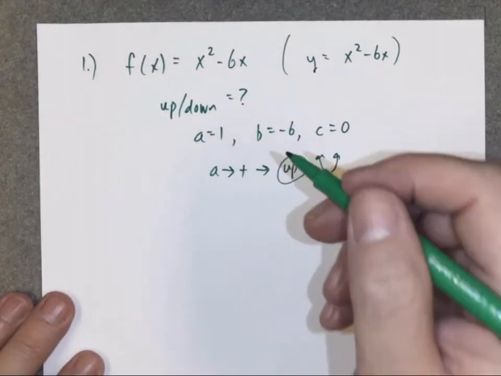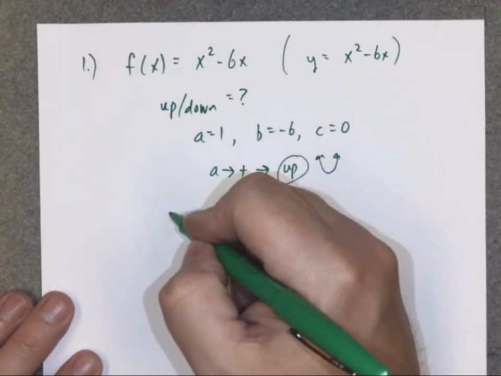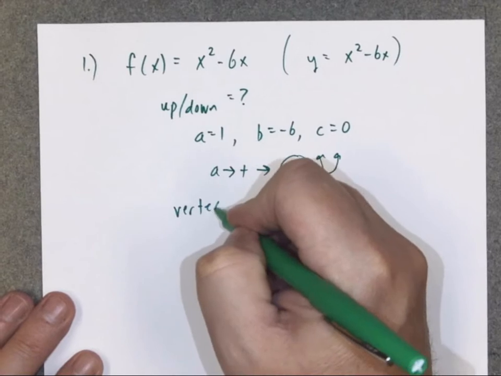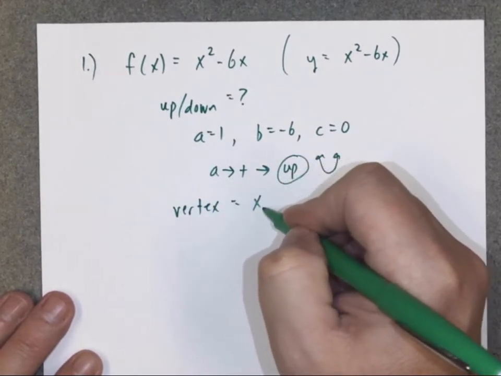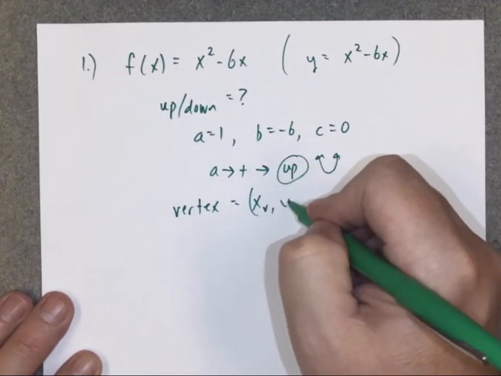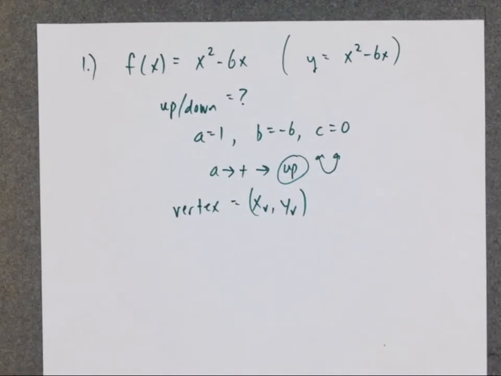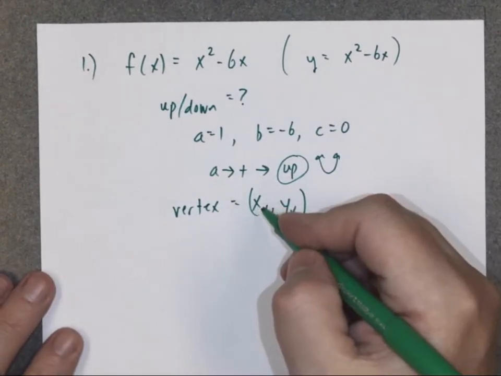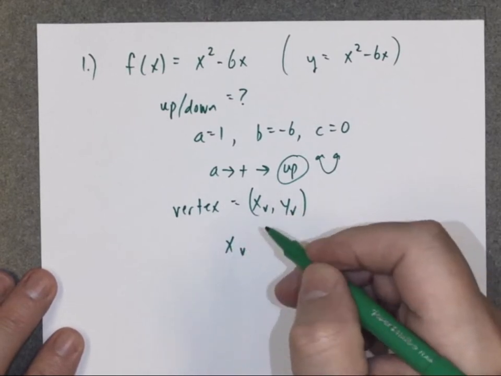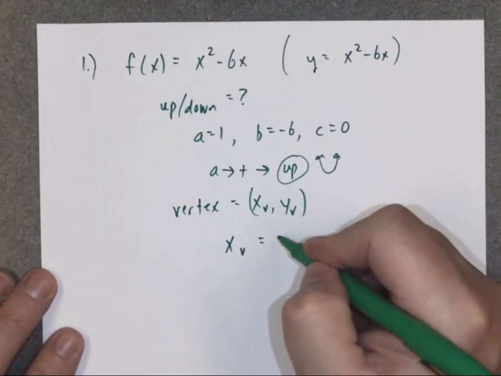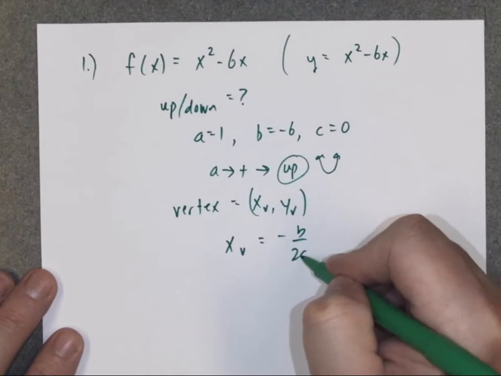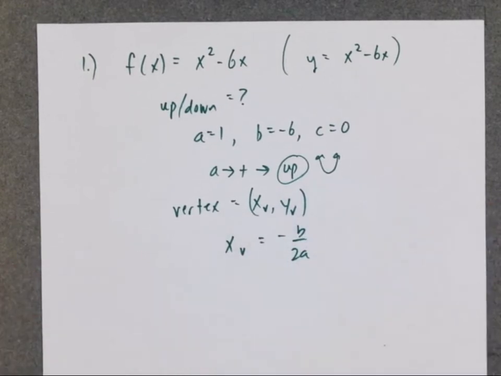Second question is, what are the coordinates of the vertex? So basically, they want you to figure out this point, your vertex, the x and the y. Well, we just talked about that, right? The x of the vertex is this formula, negative b over 2a. And by the way, you will have to memorize this for the test.